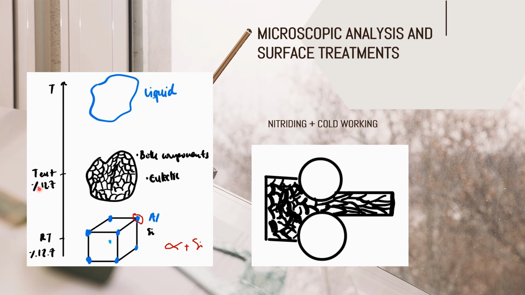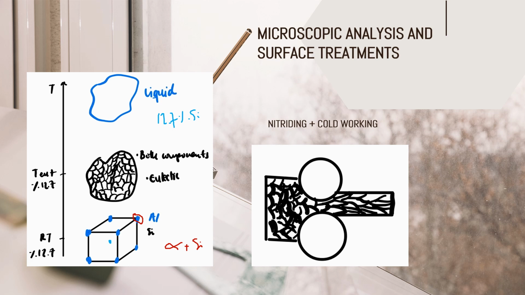Then as we increase temperature and we reach the eutectic temperature, we now have a structure with tiny circles which begin to form. And if we keep increasing the temperature, as we just saw, we would end up having liquid with both components at the same concentration, a silicon concentration of 12.7%, and the other percentage is aluminum.